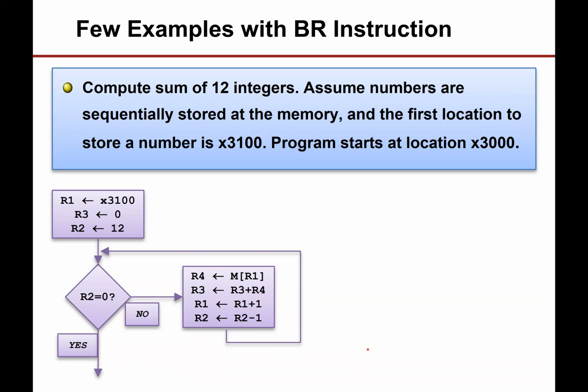So this one is to compute the sum of 12 integers. These integers are sequentially stored in memory, and the first location storing a number is x3100.